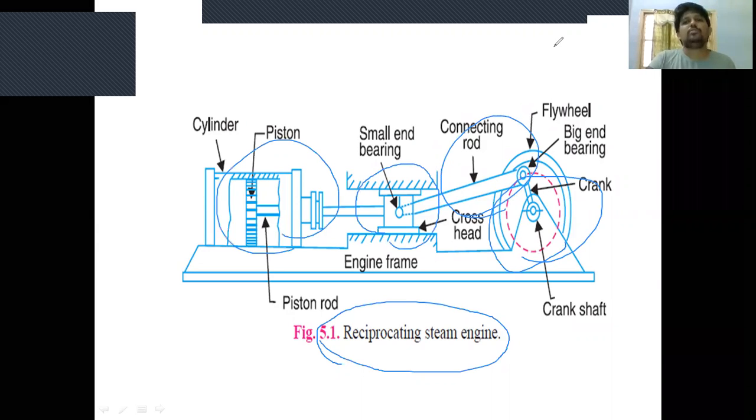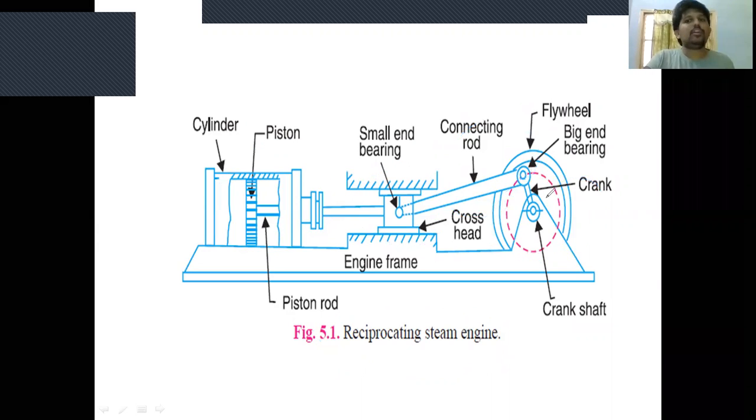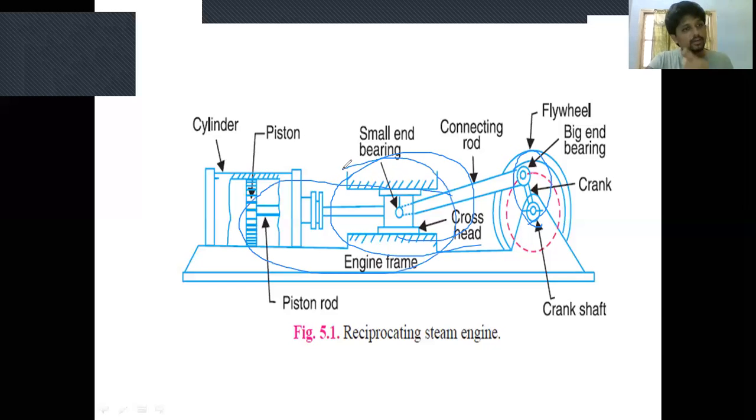If I explain the different links here, we have a link between the crank and the connecting rod because the crank is moving with respect to the connecting rod. In the same way, we also have a link between the connecting rod and the cross head because they are moving relative to each other. The cross head and piston are also moving relative to each other, so they have a link there.